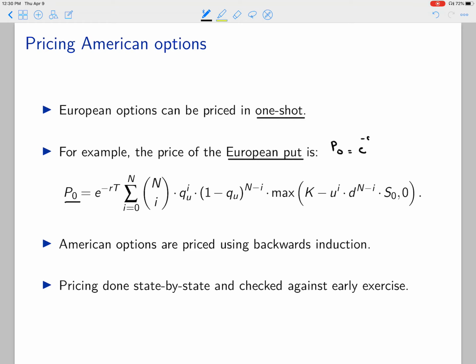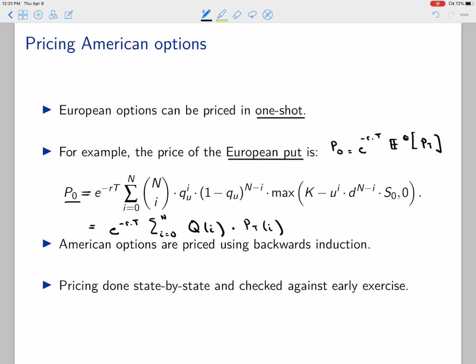It's equal to the expected discounted payout under the risk neutral measure, which we learned earlier in this lecture is equal to this long formula, e to the negative RT times the sum over the terminal states, n choose I, QU to the I, 1 minus QU to the n minus I, times the put payout, K minus ST of I. This was just equal to nothing more than e to the negative R times T, sum over the states, the risk neutral probability of state I, times the put option payout in state I.